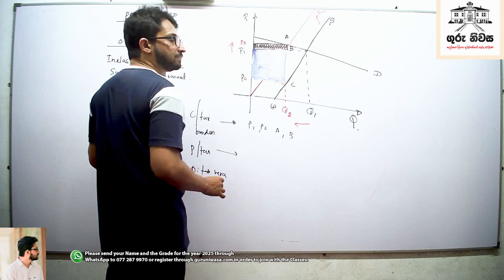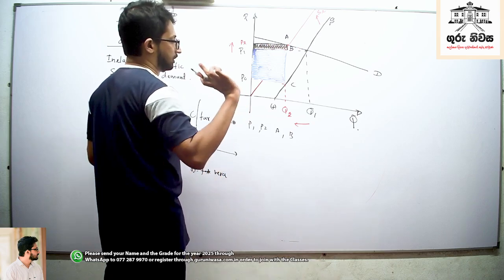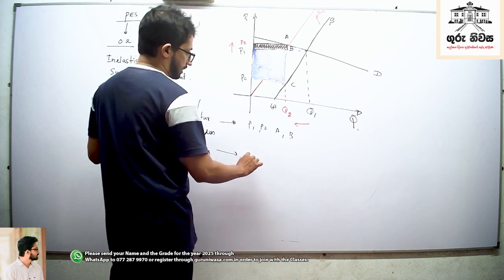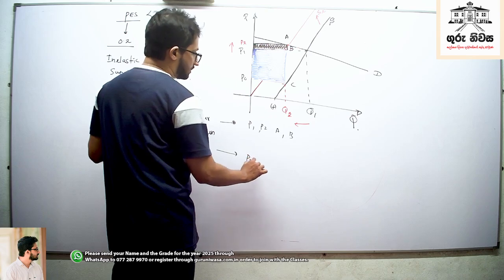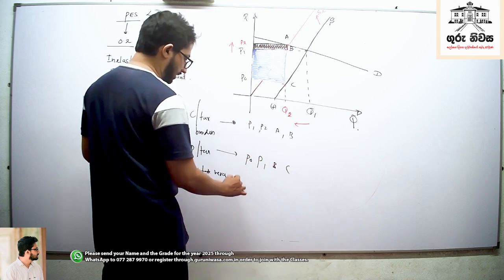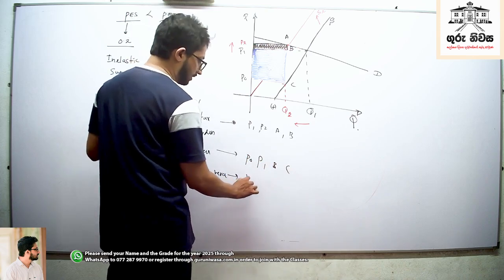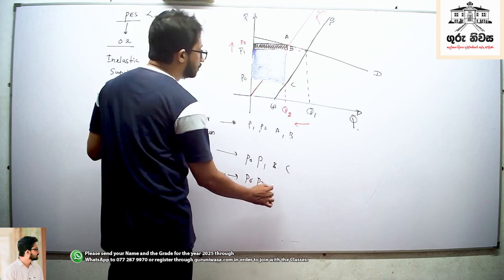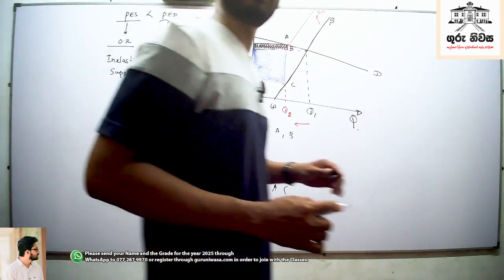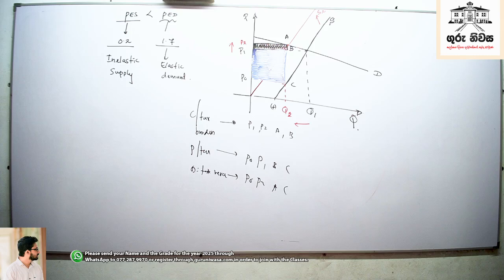Producer tax burden, they have a larger part: P naught, P1, B, C. Government tax revenue: P naught, P2, A, and C. Any doubt? Ask anything.